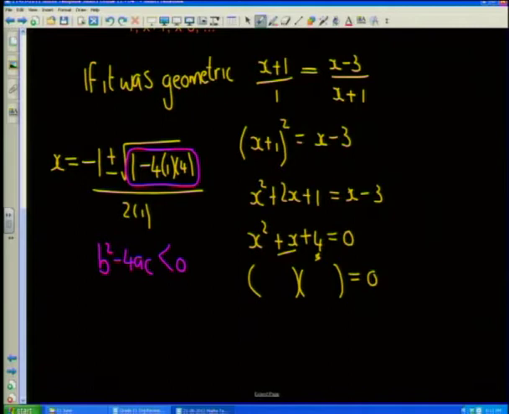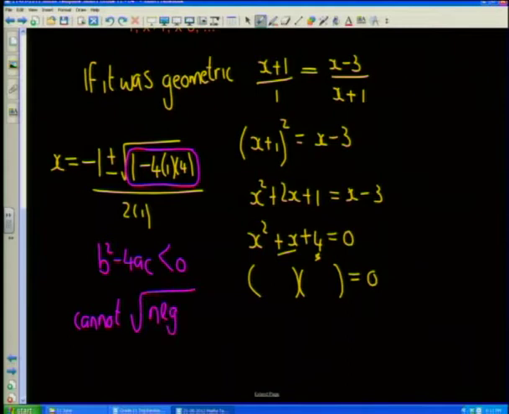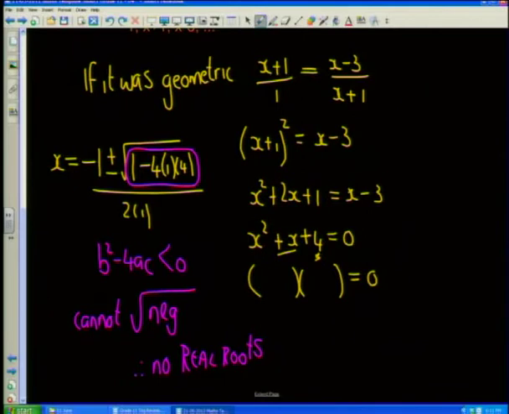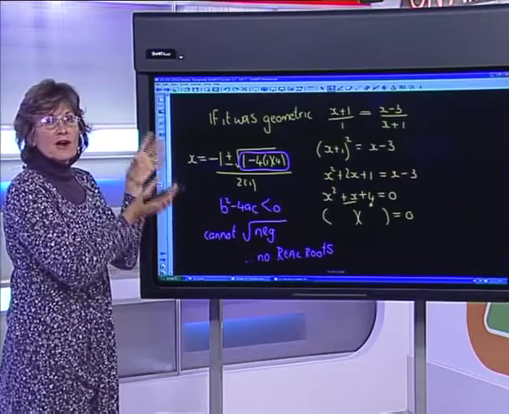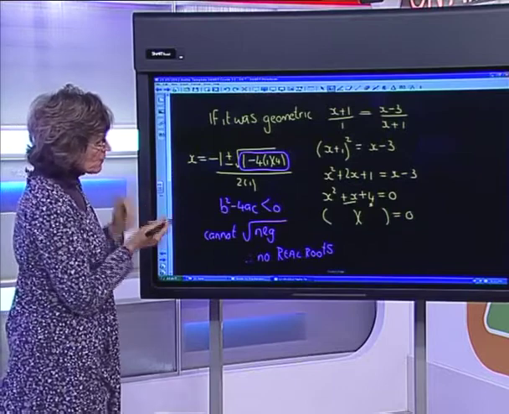And we know that we cannot square root a negative number in the real number world, and so therefore there's no real roots. How cool is that? So they've kind of brought a little bit of solution of equations into the middle of a geometric sequence. All right.